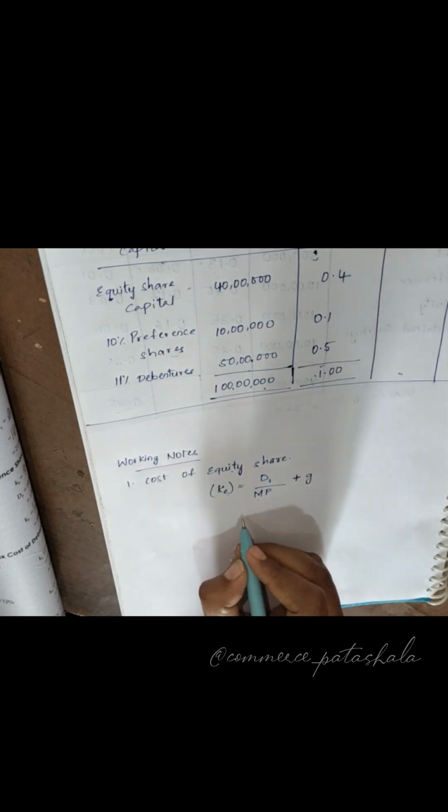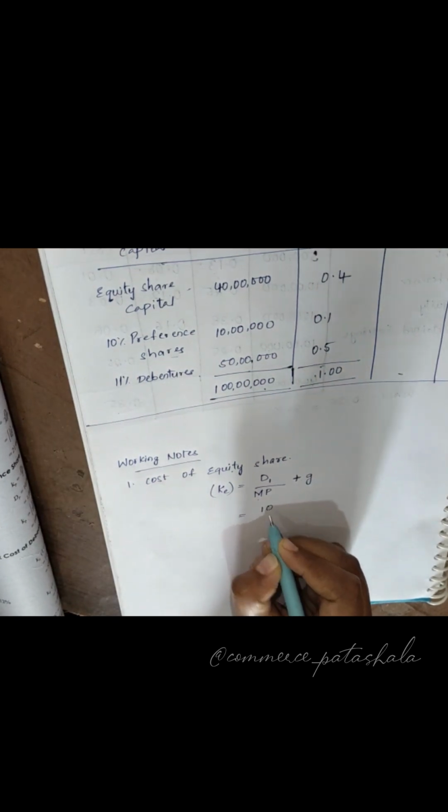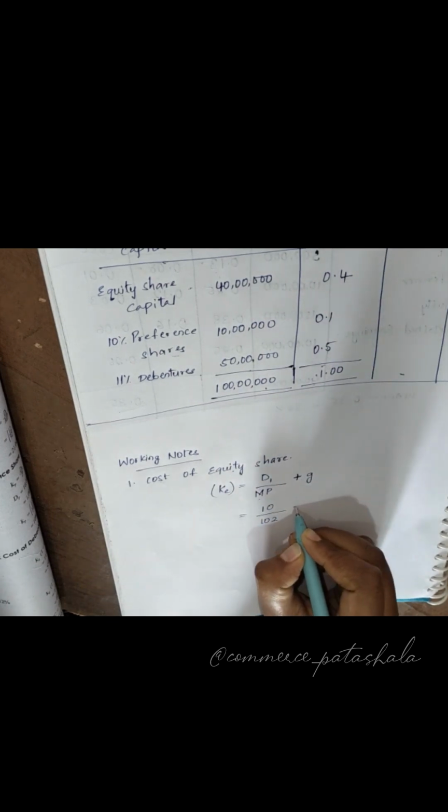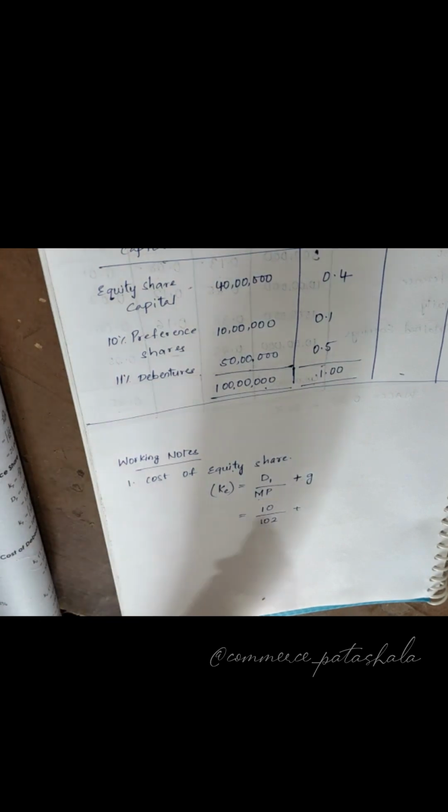As given in the question, the dividend per share that the company is expected to distribute is 10 per share. Market price being 102, and percentage of growth given is 10%. Convert into decimal, 10 by 100, you'll get 0.1.